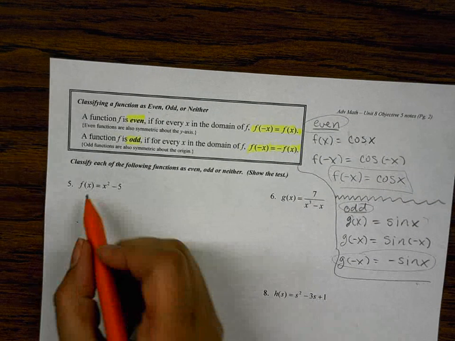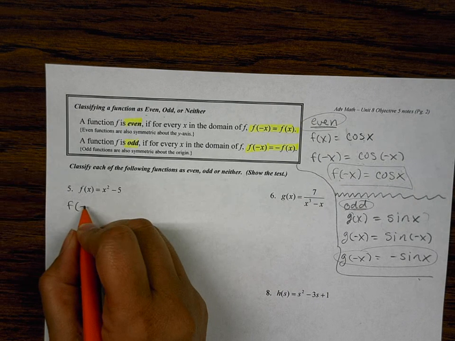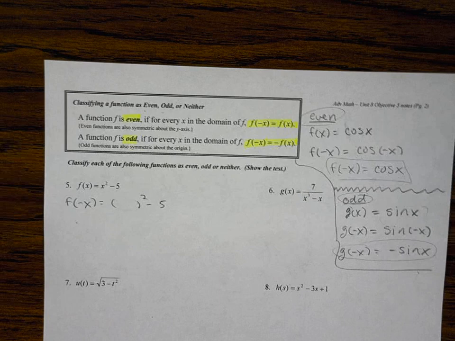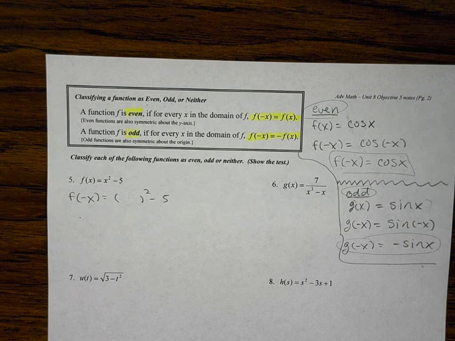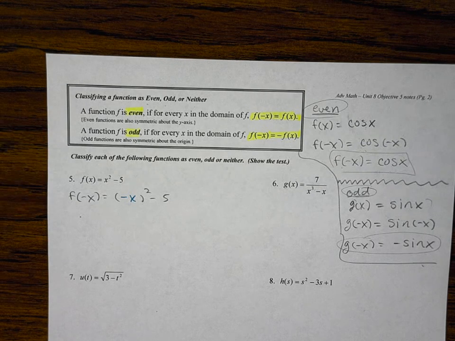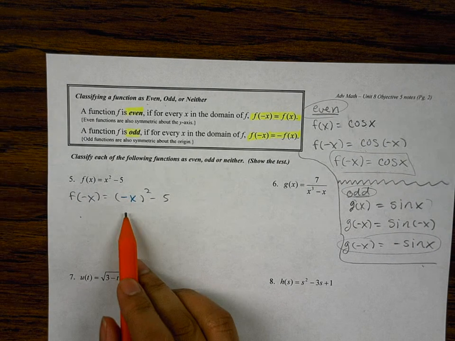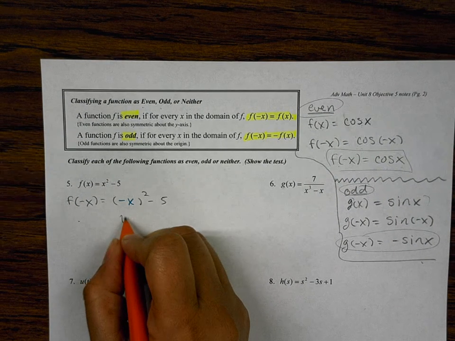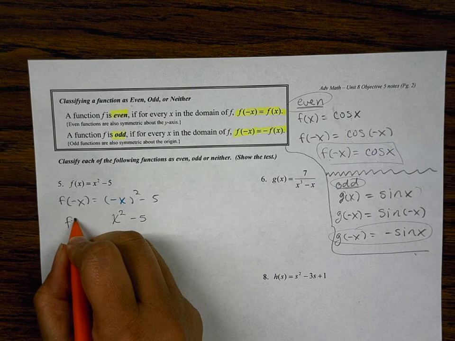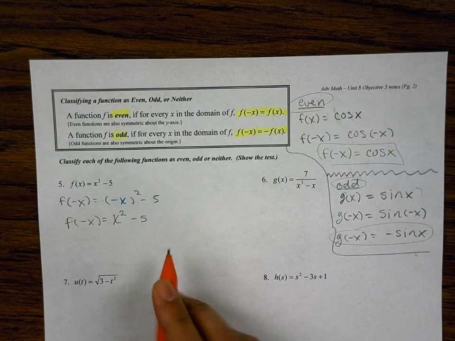All right, so let's see if we can apply that here. I'm going to find f of -x. I put blank where my x's should be. And in those x's, I'm going to plug in -x because I'm finding f of -x. -x times -x is positive x squared minus 5.